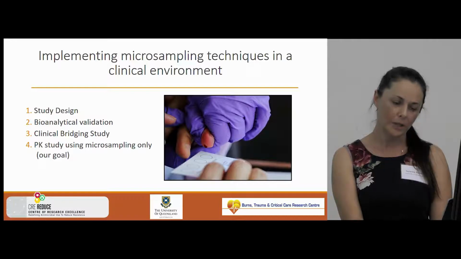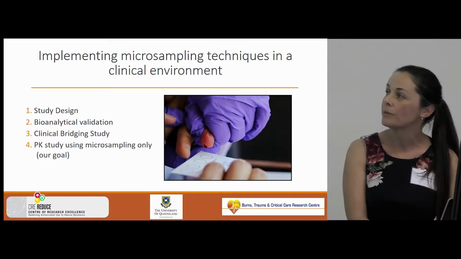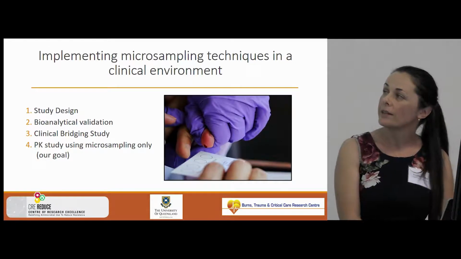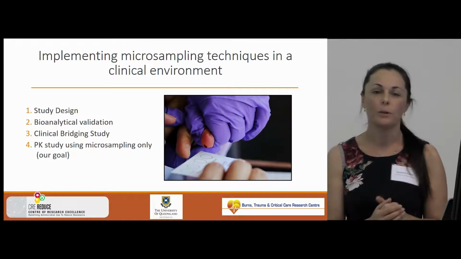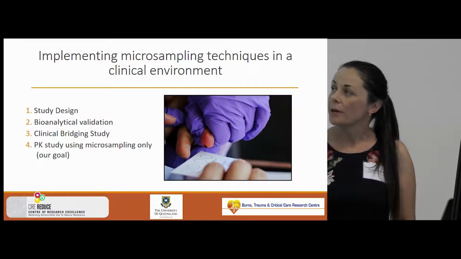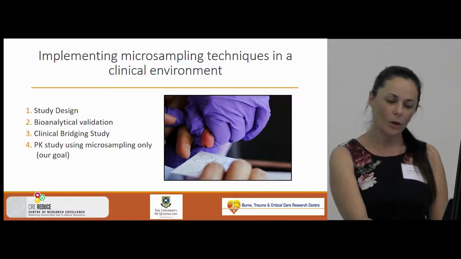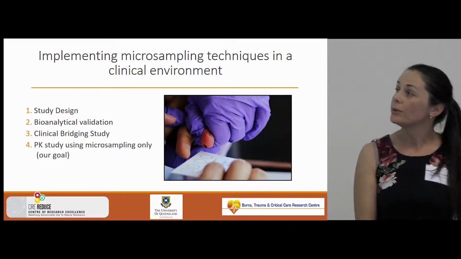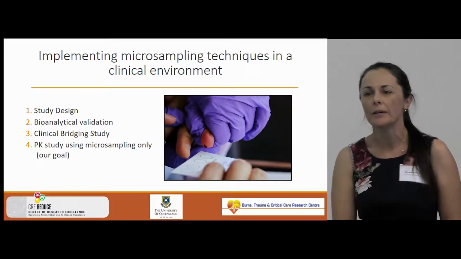To implement microsampling techniques into a clinical environment, there are some stages to think of. There's the study design, where we consider the factors which may impact on our study, and we test these in the experimental phases, which is our bioanalytical validation and clinical bridging study. We perform bioanalytical validation, which is prescribed by the FDA and EMA.